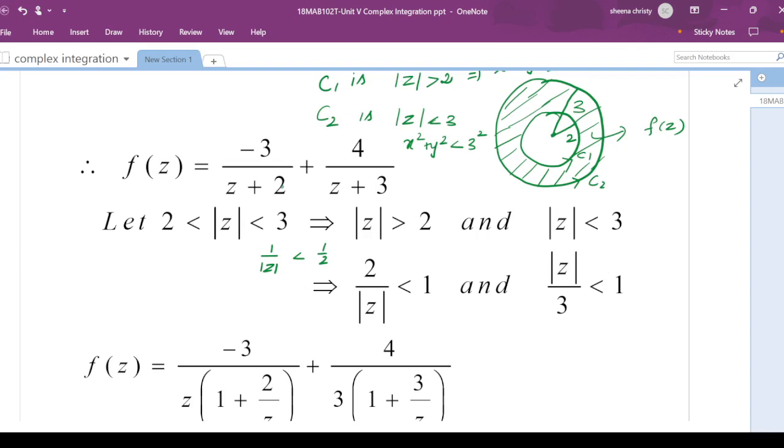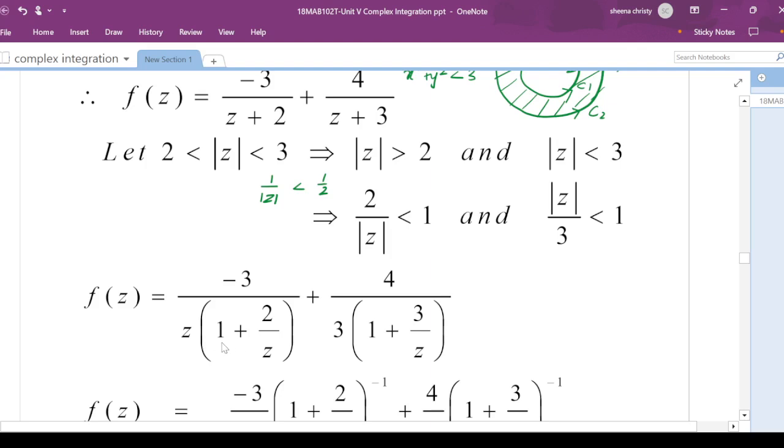Therefore, by keeping 2 this side and taking z outside, you can get this form: 1 plus 2 by z by taking z outside. And here you are having z plus 3. Therefore, for this z plus 3, we are going to apply the region modulus of z by 3 less than 1. So, to apply in this region, we have to take 3 outside.